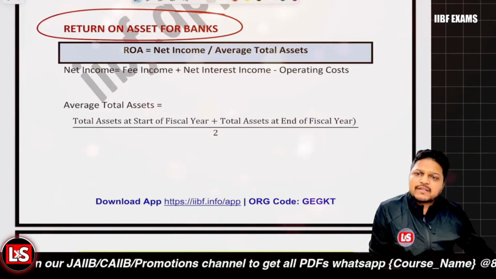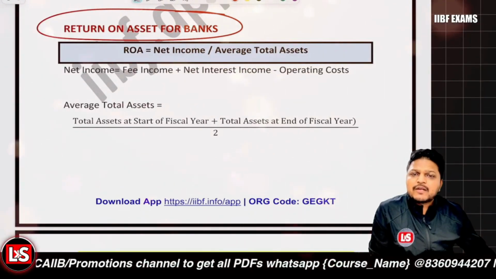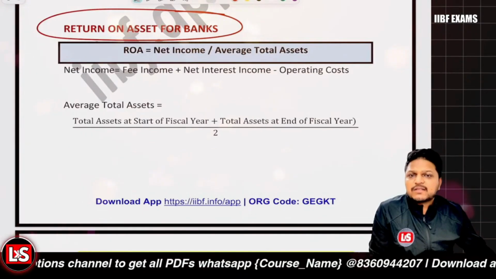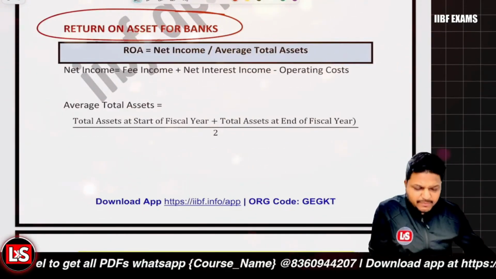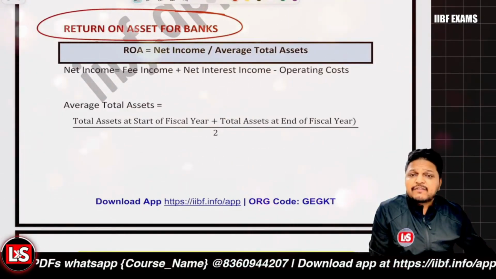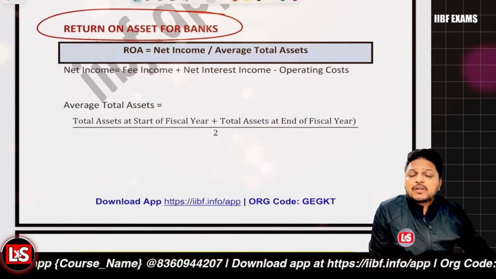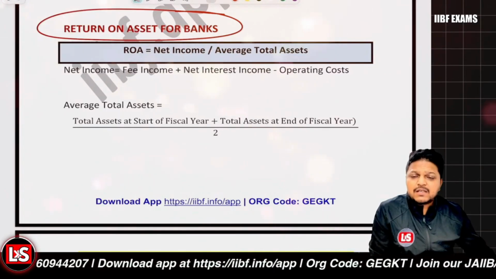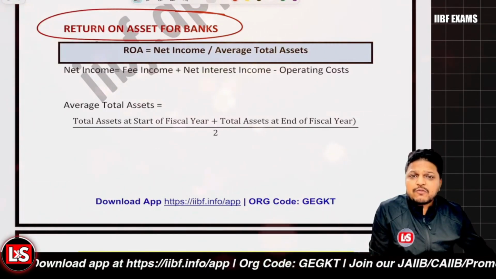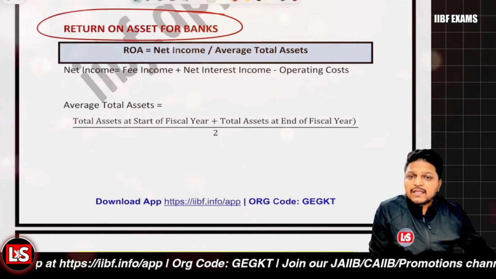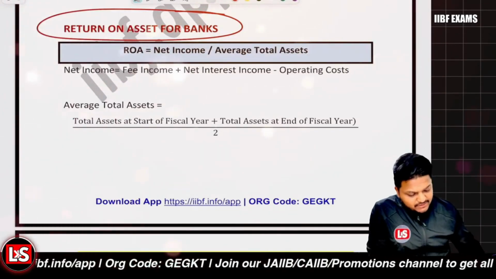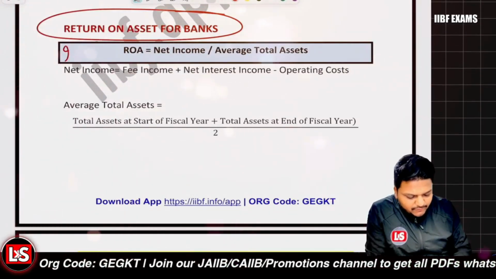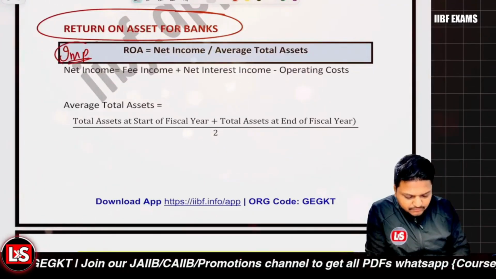It is net income to the total assets, or we simply told you profit after tax divided by the total assets. That is the return on assets. But when we're talking from the bank's point of view, it is net income divided by the average total assets. Very important formula.